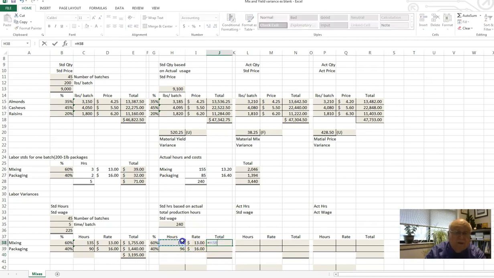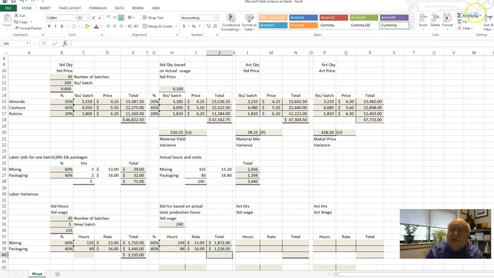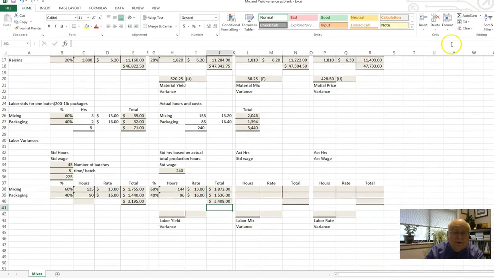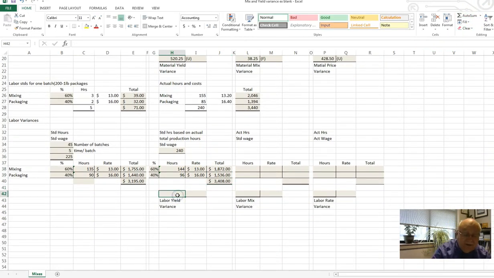So we have 144 times the 13 and 96 times the 16 for a total of 3408. And for the yield variance again, we take equal to ABS, 3195 minus the 3408. And that's a labor yield variance, and that will be unfavorable.